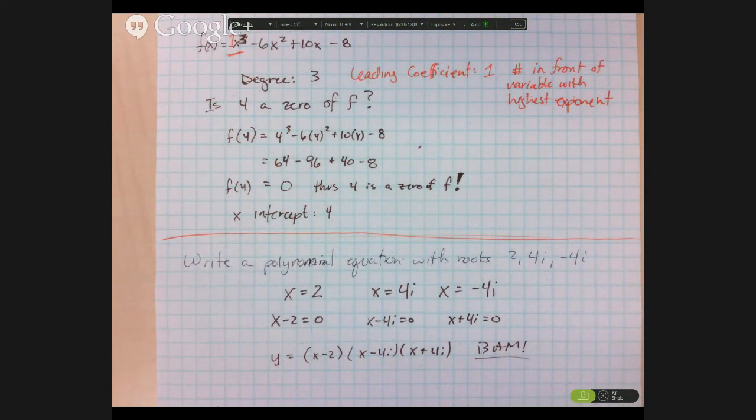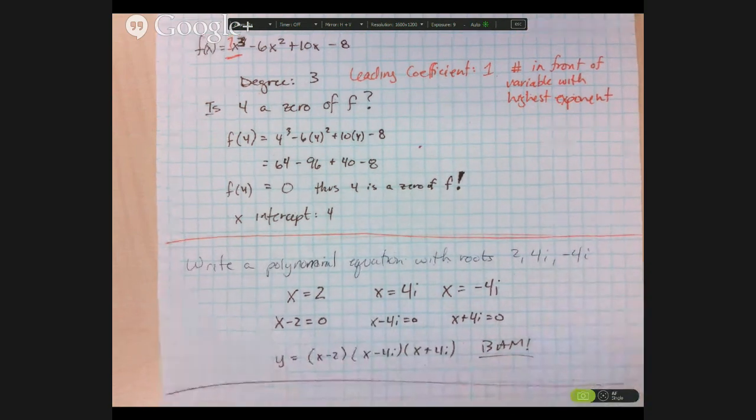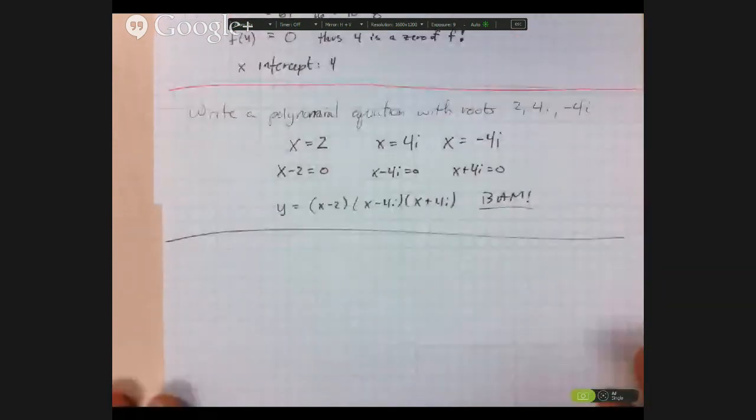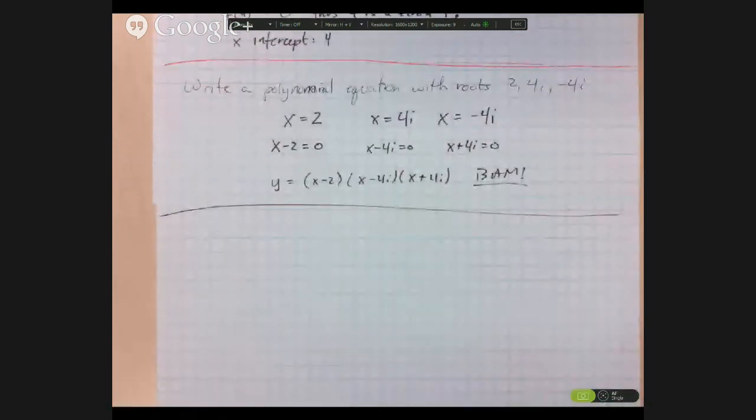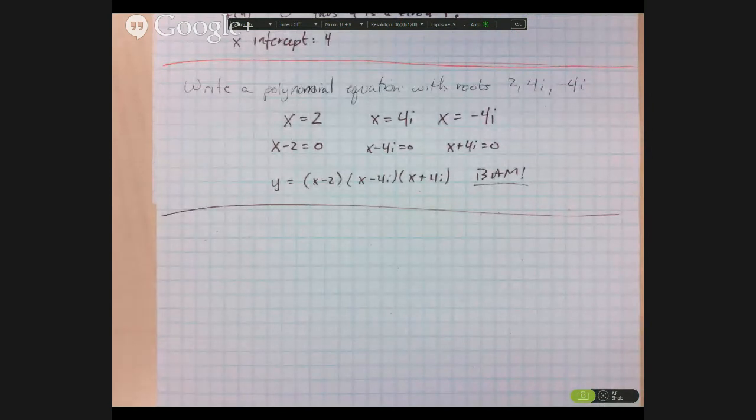If you're a forward thinker, x minus 2, x minus 4i, x plus 4i. It's just the opposite of each of these, right? Easy enough? Sure or not sure? Okay. Here we go.